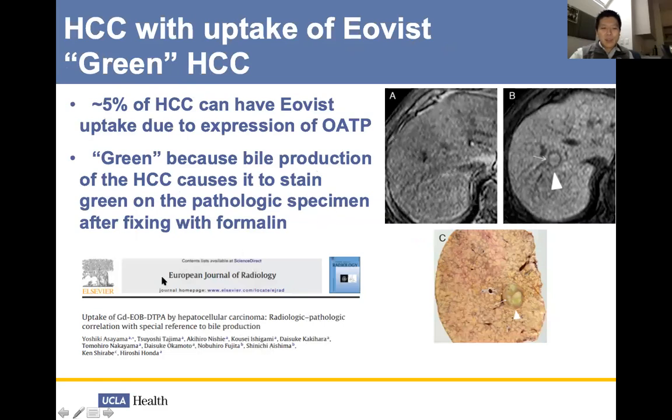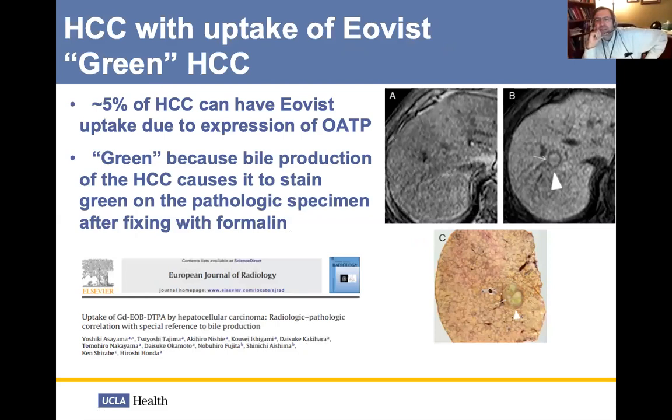This paper actually correlated all the past specimens with the Eovist uptake, and the Eovist uptake correlates with that bile staining on formalin fixation. So it actually does look green. But they're indolent, on the indolent spectrum. They're well differentiated, low grade HCCs, right?